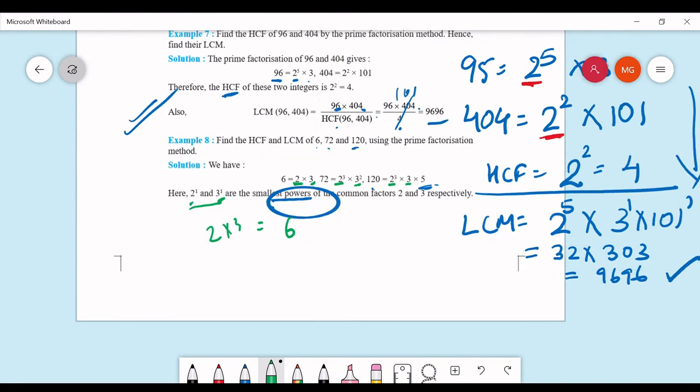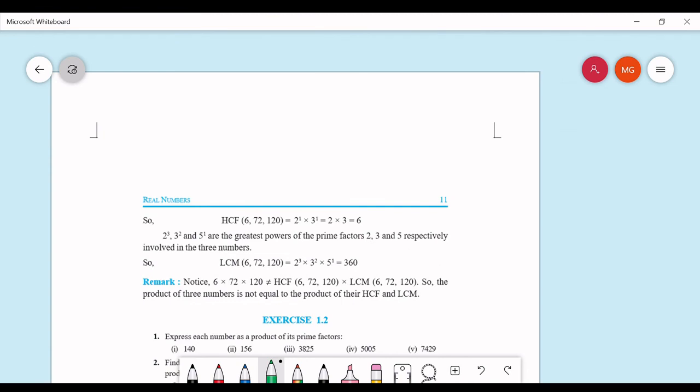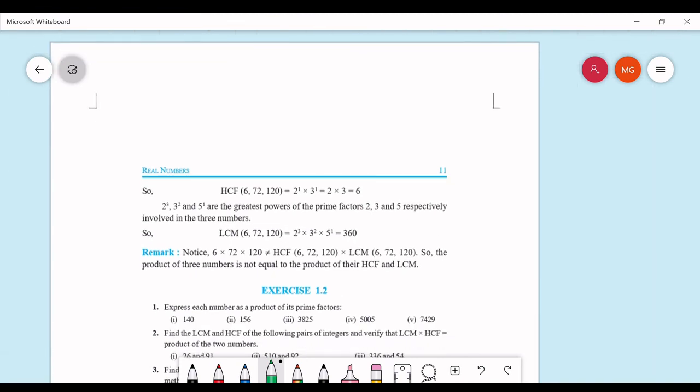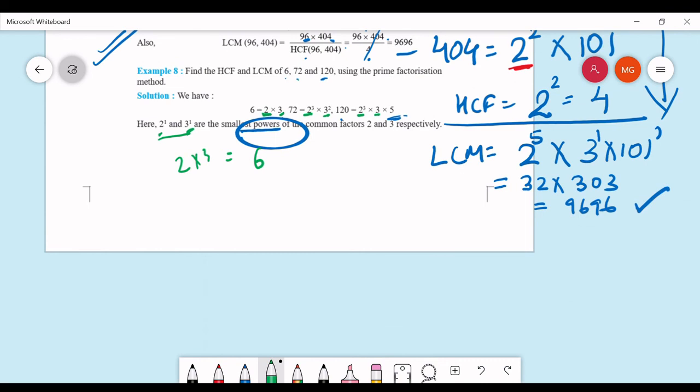And for LCM, you will be writing the factors 2, 3 and 5. These were the prime numbers that have been used. So you will be writing 2, 3 and 5 with the highest power. So the highest power for 2 is 3, for 3 is 2, and for 5 is 1, right?